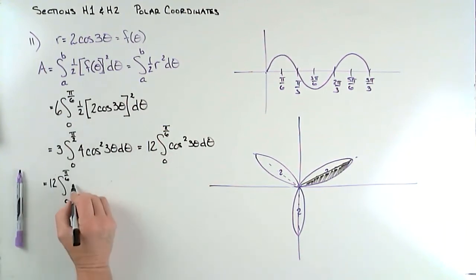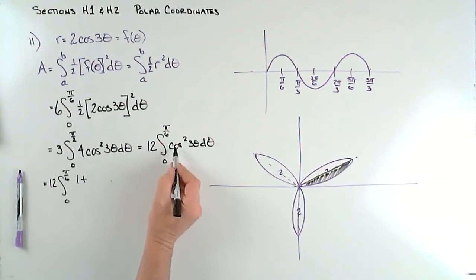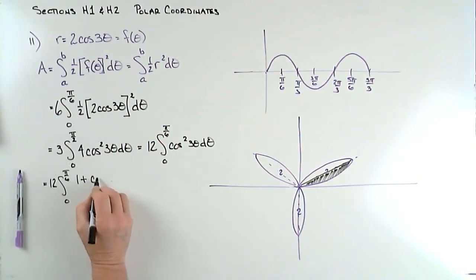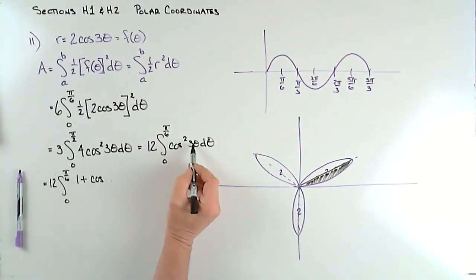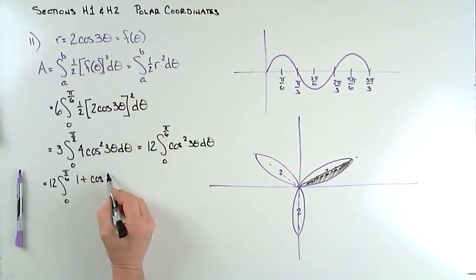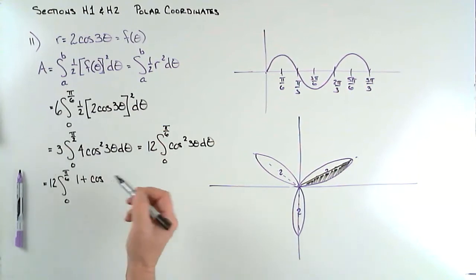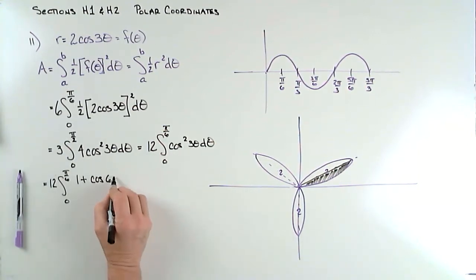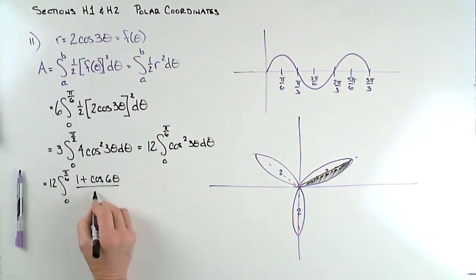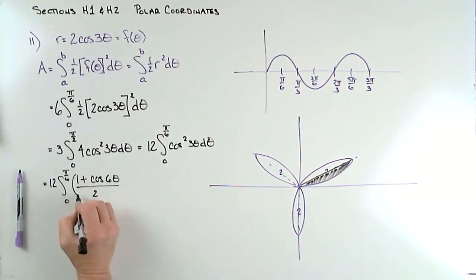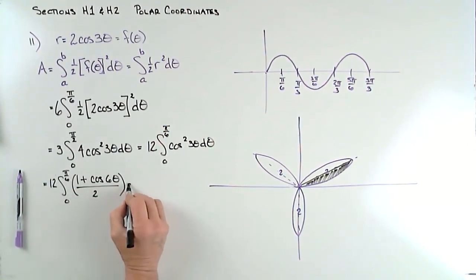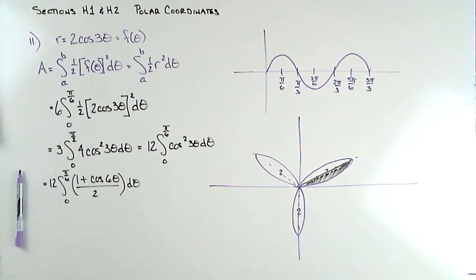And then we're going to replace cosine squared, of course, with 1 plus the half angle identity for cosine. Normally, if this is cosine x, this is cosine 2x. But this time, this is cosine 3x, so we still have to multiply by 2, so we're going to get cosine 6 theta here.